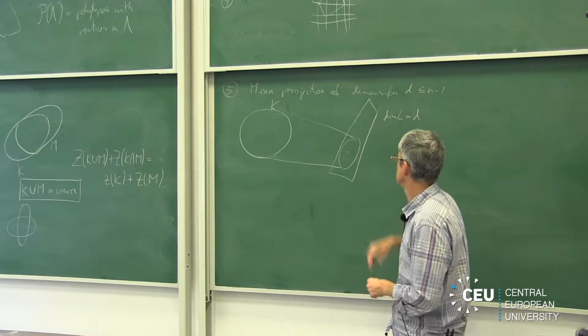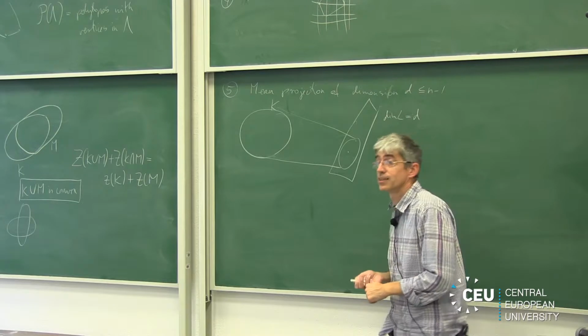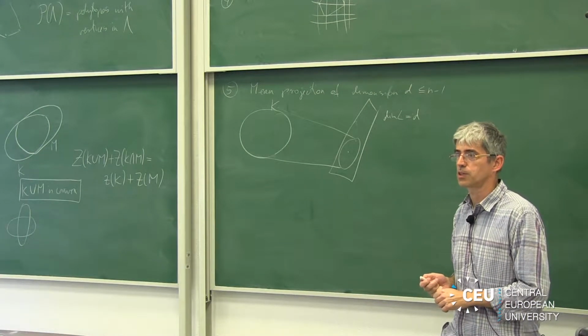You consider Haar measure with respect to, say, SO(n), just if you don't want to deal with more complicated groups, the Grassmannians and so on.